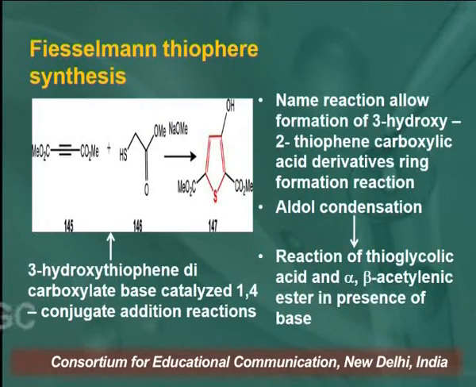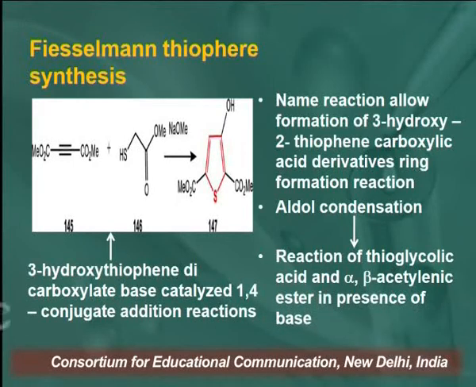Another very important method is the Fiesselmann thiophene synthesis. It was invented by Fiesselmann, and it is also a very important method. Here 3-hydroxythiophene dicarboxylate in presence of base converts into the thiophene derivative. It is a name reaction which allows the formation of 3-hydroxy 2-thiophene carboxylic acid derivatives.